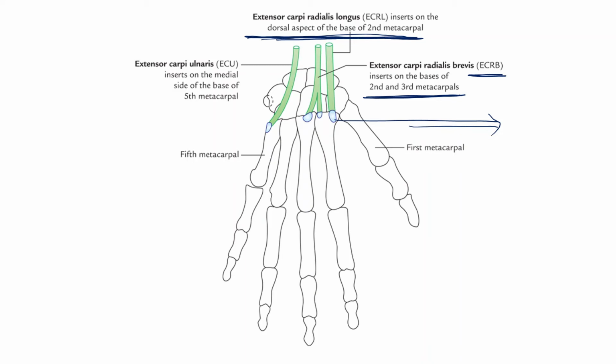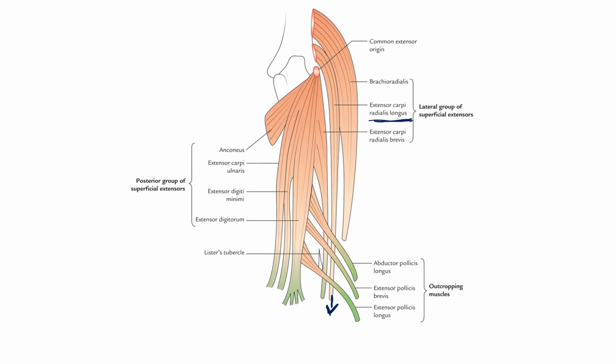Just medial to this extensor carpi radialis brevis lies the extensor digitorum. The extensor digitorum again takes origin from the common extensor origin, that is over the lateral epicondyle, and descends down.